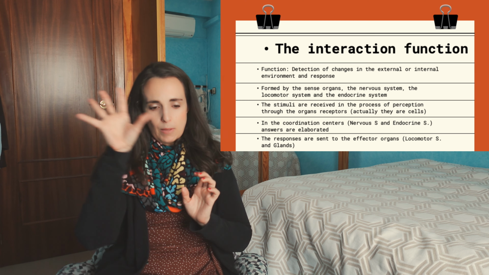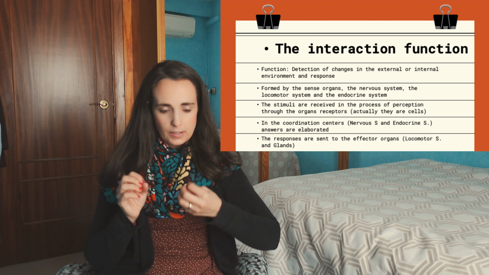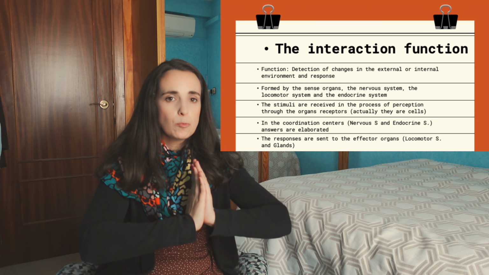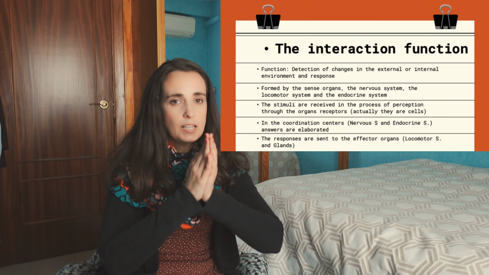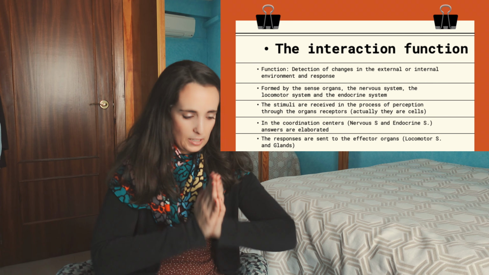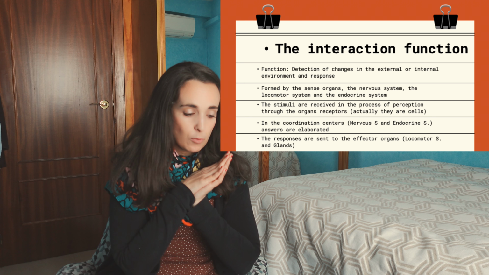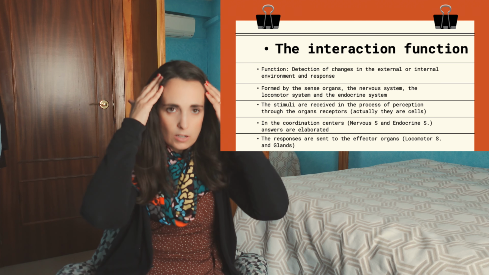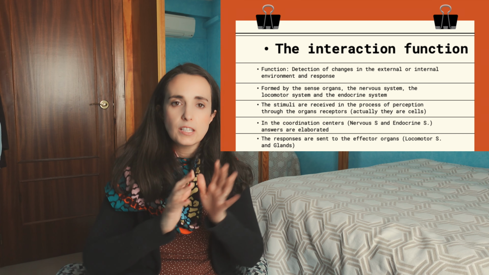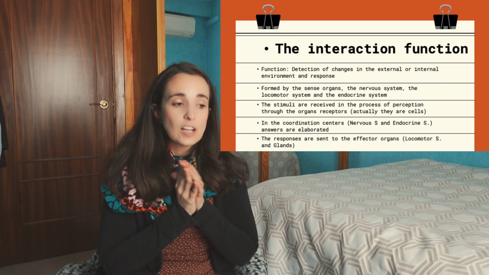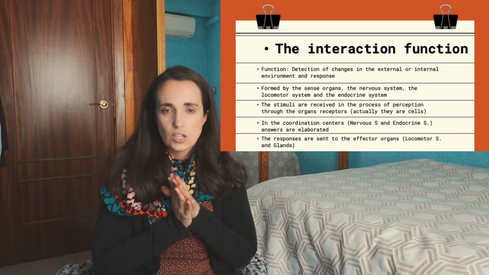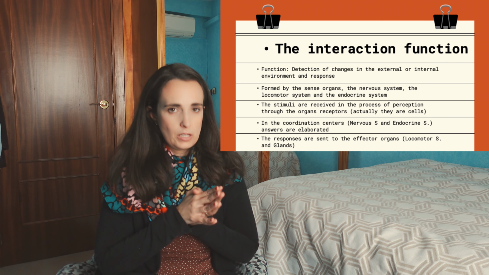In between receiving the information and performing the answer, there is a step which is coordinating the information and processing the answer. Generally we will say that this is performed by the nervous system, our central nervous system. Not always, we will see it during the unit. Apart from the nervous system, there is another system in charge of this, which is the endocrine system.